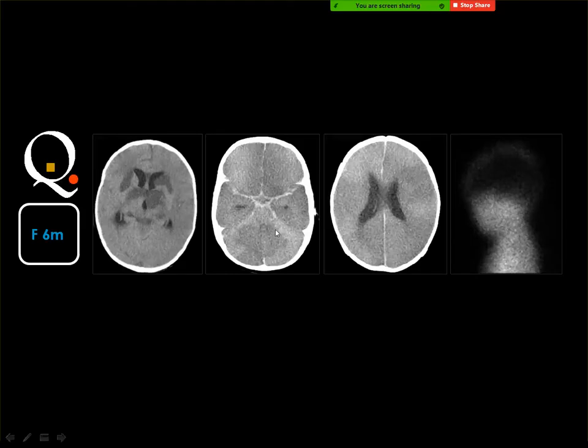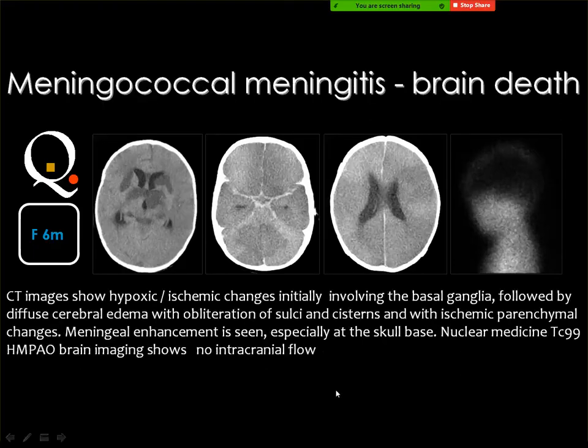This was with contrast, and this is meningitis, because of the enhancement of the meninges and total ischemia, and you see the involvement of the basal ganglia, which is a bad prognostic sign. And the SPECT scan shows no evidence of perfusion in the brain tissue. And this is meningococcal meningitis with brain death.